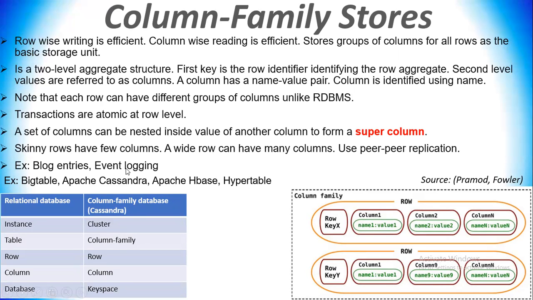These use cases appeared in the previous discussions also. For event logging and blog entries, the previous database models were also used. And for column family, as it is an aggregation data model, the same use cases can be used for these column family stores also.